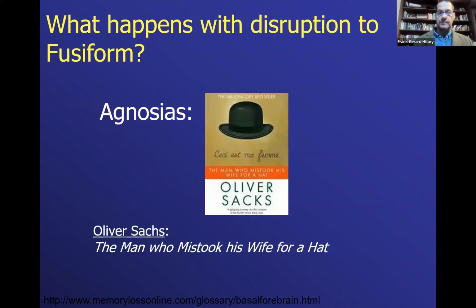There's a really wonderful book. It's older now, but it's still something people often referenced with regard to agnosias when I was in graduate school: The Man Who Mistook His Wife for a Hat. This series of stories from Oliver Sacks is about neurological conditions.